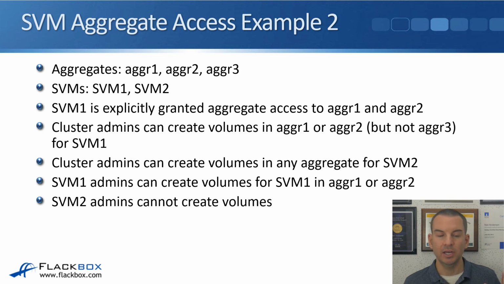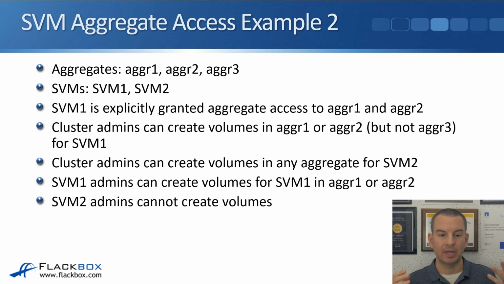Next example. Here we have aggregates, aggregate 1, aggregate 2, and aggregate 3, and we've created two SVMs, SVM1 and SVM2. SVM1 is explicitly granted aggregate access to aggregate 1 and aggregate 2. So a cluster level administrator has configured that.